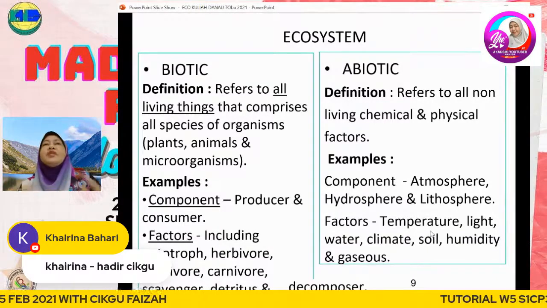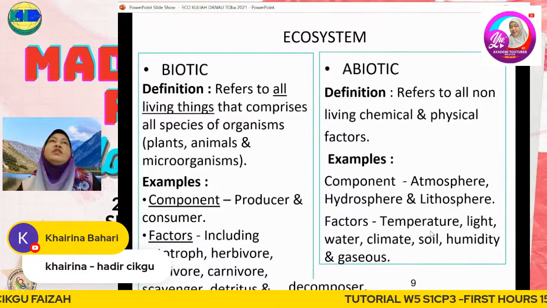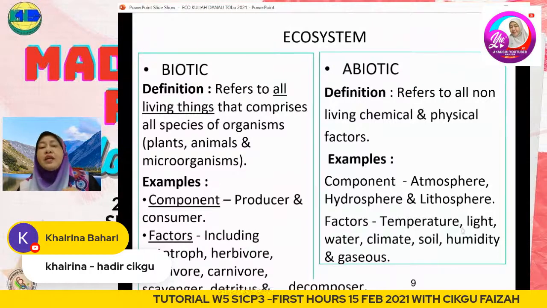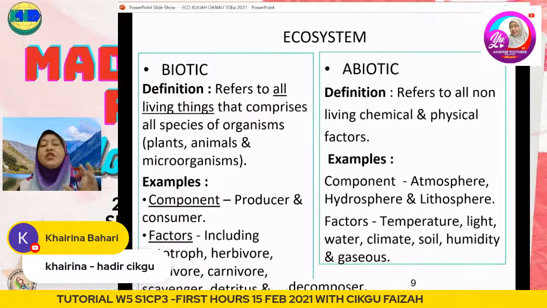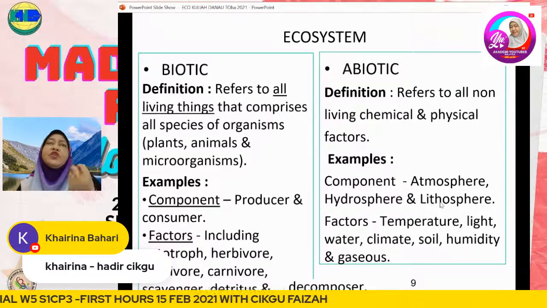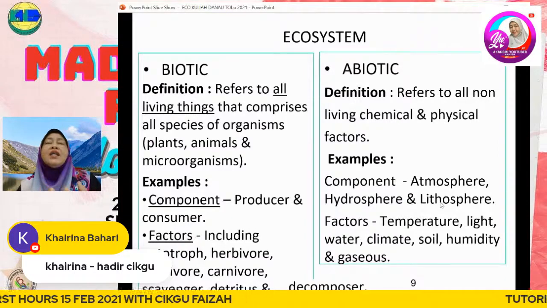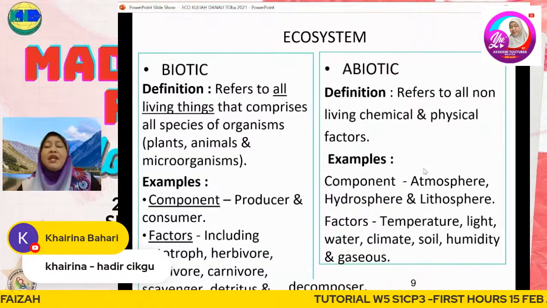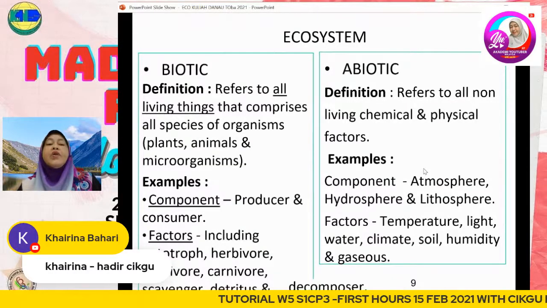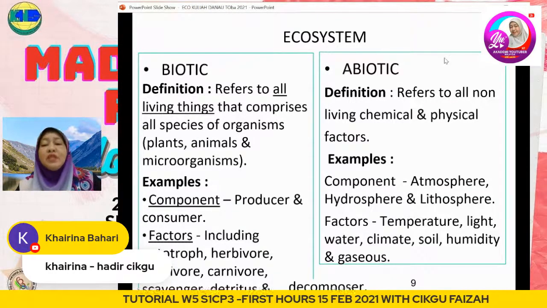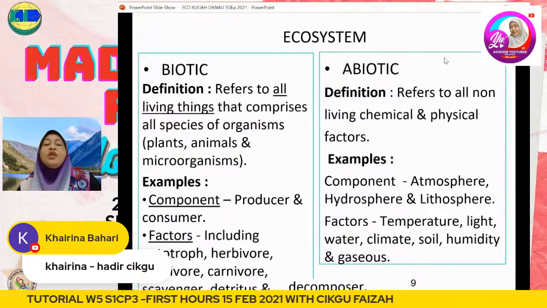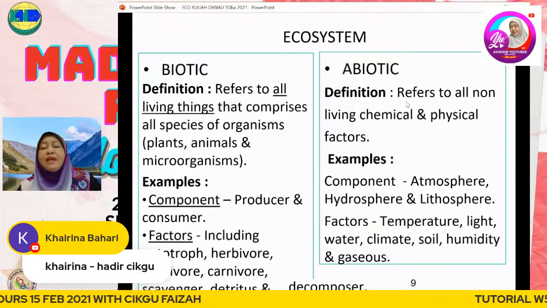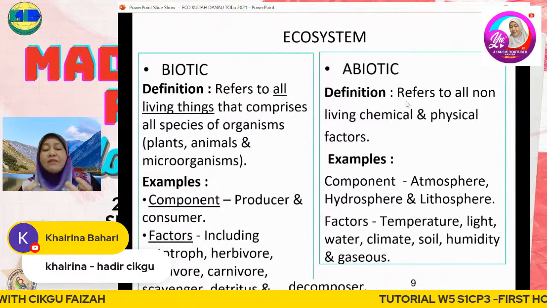And the community reacts, like teacher showed earlier in my video, that tree with the same species but showing different colors of flower. So that is how you blend the concept of ecosystem with biotic and abiotic. Biotic and abiotic blend together, and we create the concept of ecosystem.